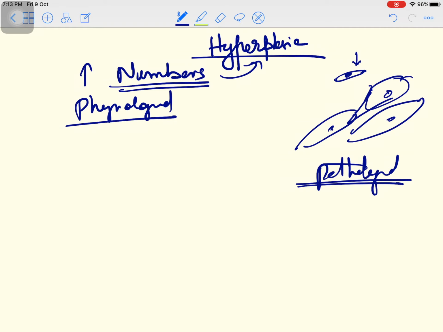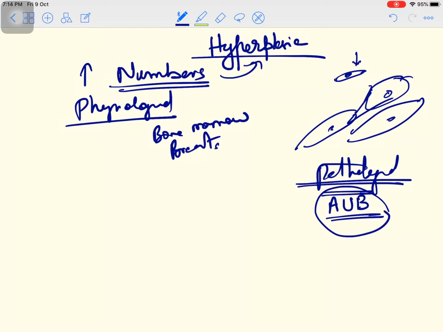So bone marrow is an example of physiological hyperplasia, and so are the breast during puberty, lactation and pregnancy. Then the pathological example is endometrial hyperplasia, which is due to inappropriate or increased stimulation by hormones, and that can result in abnormal uterine bleeding.